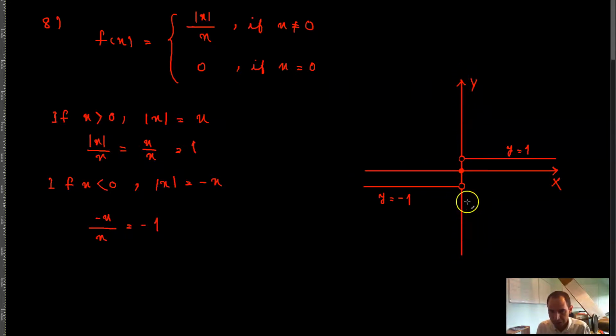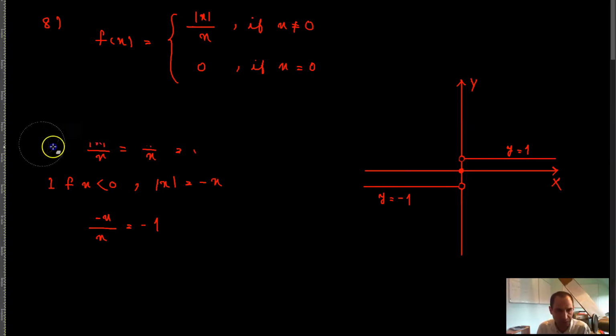But at x equal to 0, the value of the function is 0, the right hand limit of the function is positive 1, the left hand limit of the function is negative 1, and therefore the limit does not exist, and the value of the function is not equal to the right hand limit or the left hand limit. So at x equal to 0, your function is not continuous.